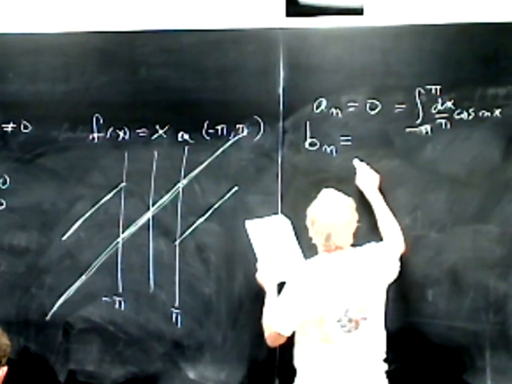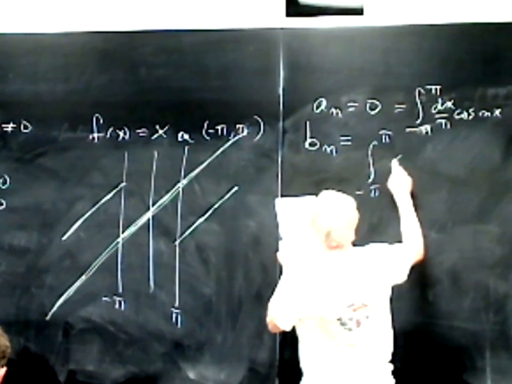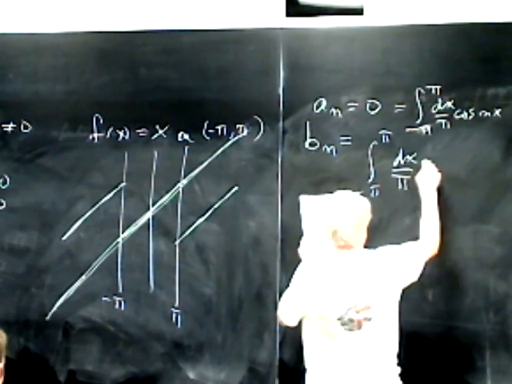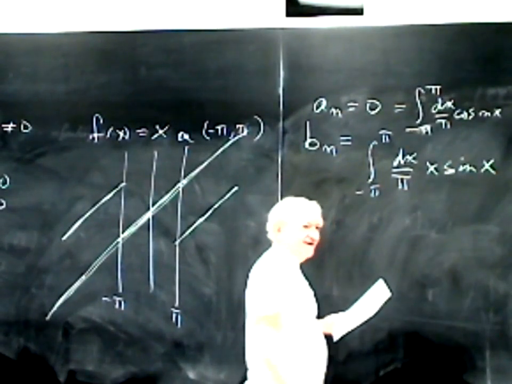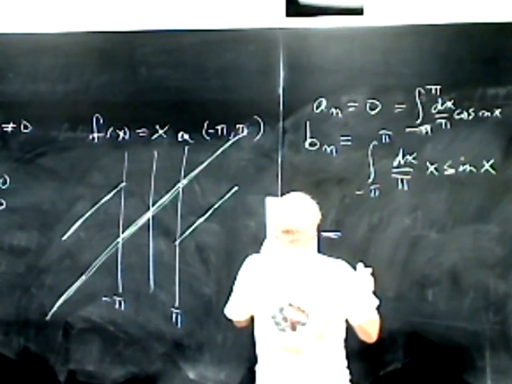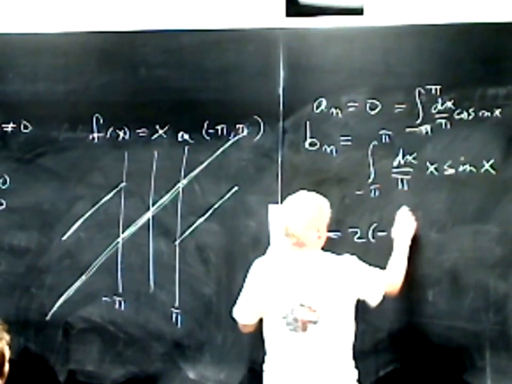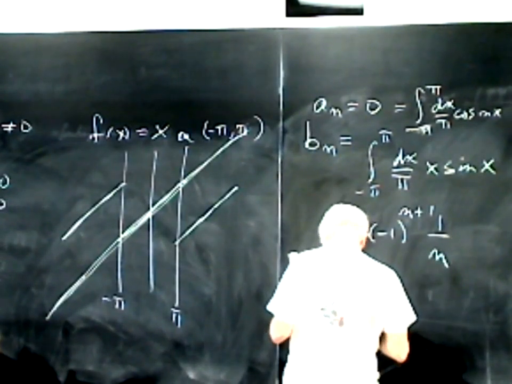b_n, on the other hand, is the integral from minus pi to pi, dx over pi, x sine nx. And of course, I violated the rule that I was going to use. Anyway, this is 2 times minus 1 to the n plus 1 times 1 over n.